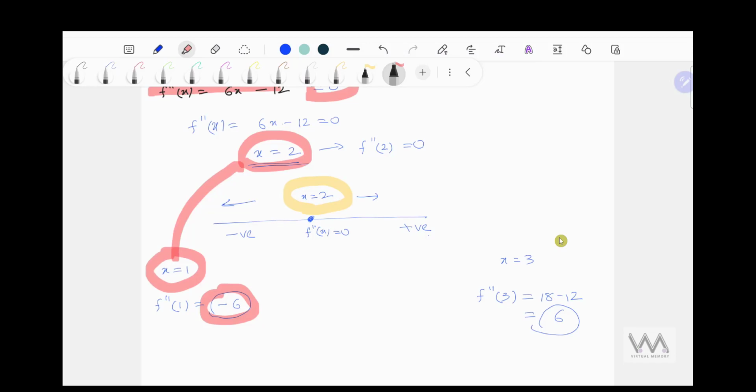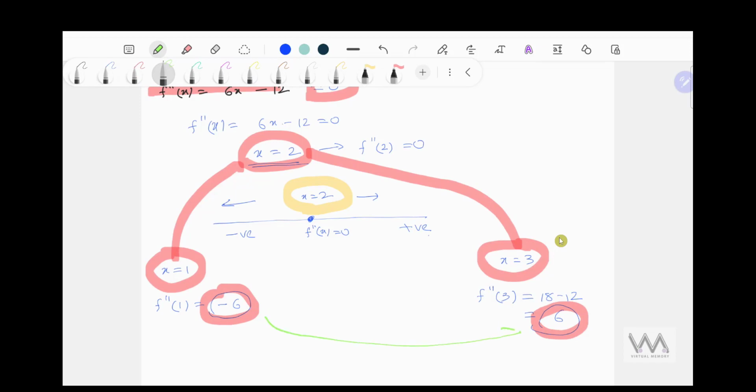And then we pick a number greater than x equal 2. We picked 3. Again we solve for the second derivative and we found a positive number. If this changes sign from negative to positive or positive to negative, then we can say that this is the inflection point. So that's how you do it.